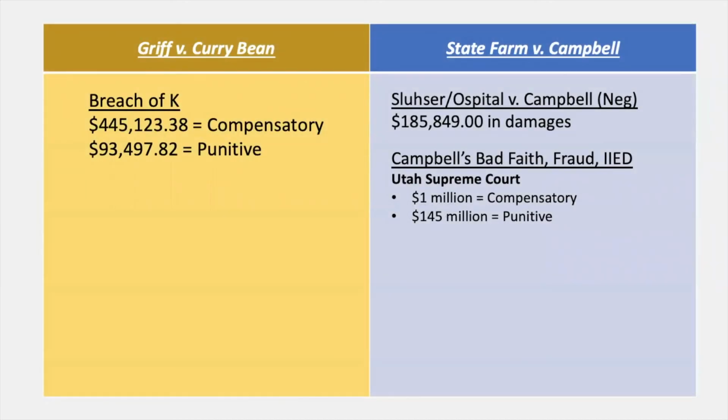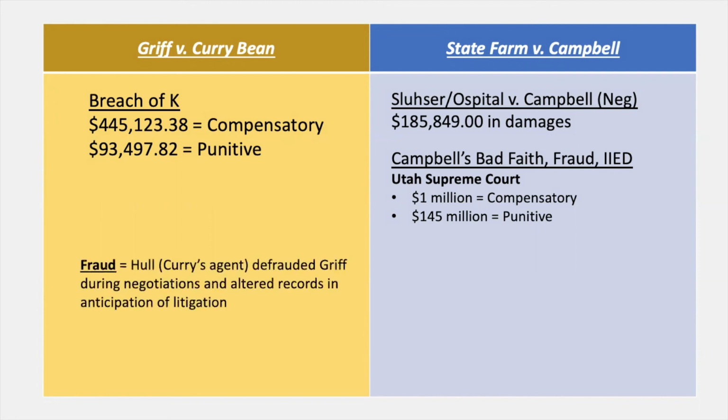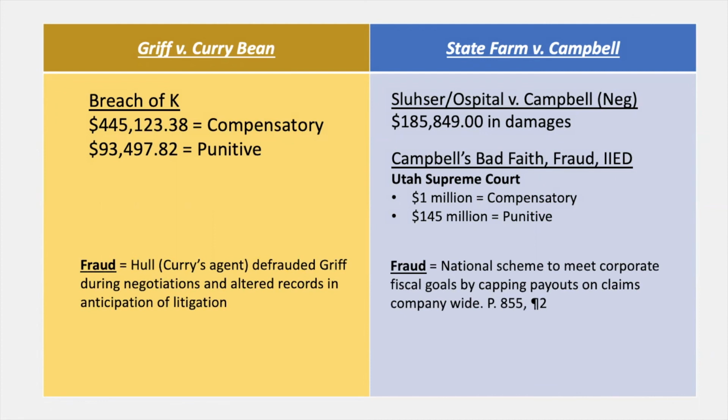And so why? Well, let's compare it to the Gruff v. Curry Bean case. In Gruff v. Curry Bean, the punitive damage award was $93K. And then in State Farm, the punitive damage award was $145 million. There was fraud in the Curry Bean case, and there's fraud at State Farm for this national scheme to meet corporate goals by capping payouts on claims company-wide.